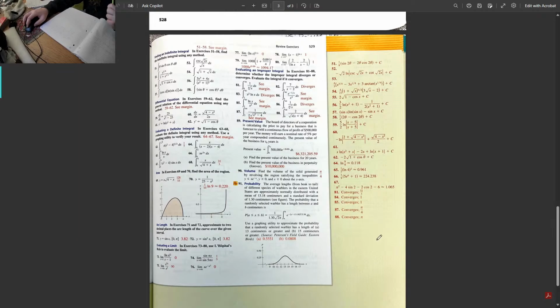It converges if it actually reaches an actual value. It diverges if it just goes to negative infinity or infinity. That's how that works. Yeah, I've got no more review to do.